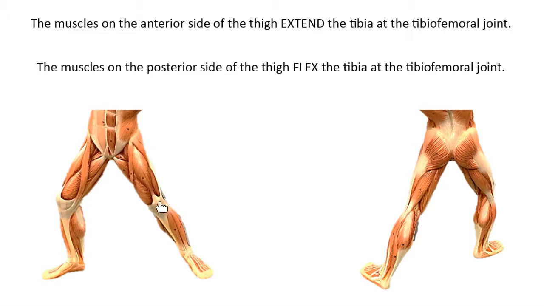Remember that the Tibiofemoral Joint was down here between the tibia that's in the front and the femur that's right here. Those same muscles that lived right here that helped me to take the femur and pull it up toward this part of the body, these same muscles, when they're pulling on the tibia, they're going to move the tibia in a way that we call extension.